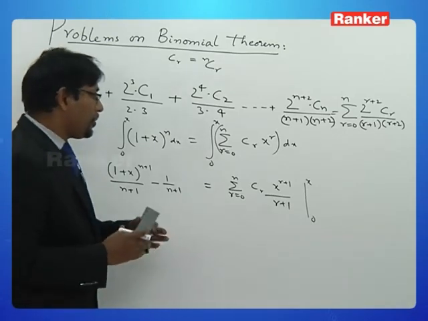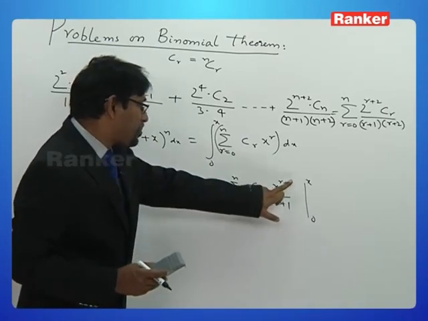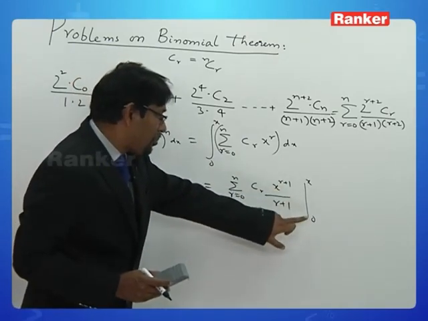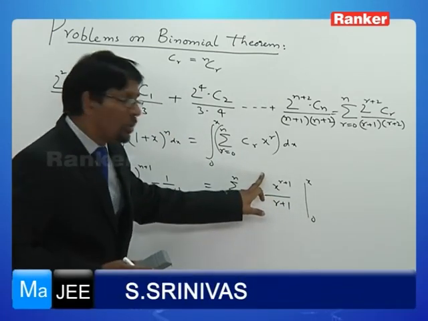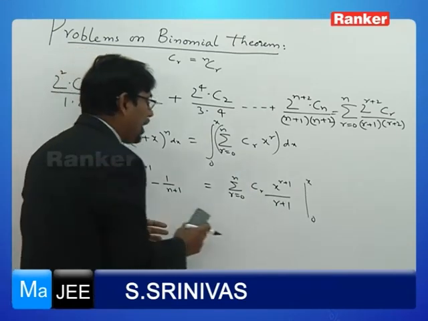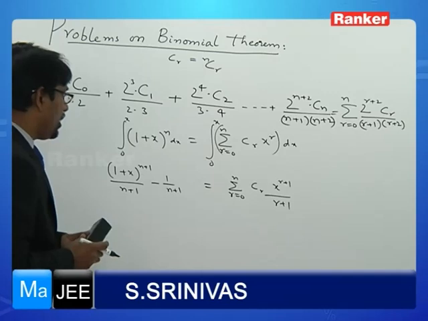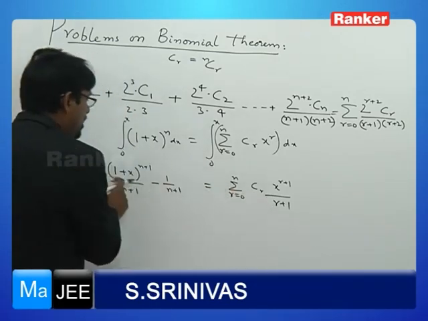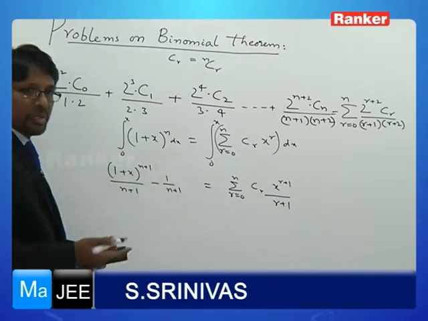When you apply the upper limit, we will get CR into x power r plus 1 by r plus 1, whereas for the lower limit, all the terms will carry a 0, so the lower limit gives 0. So I can simply write this as sigma CR x power r plus 1 by r plus 1. Now what you have on the LHS is 1 plus x power n plus 1 by n plus 1 minus 1 by n plus 1.